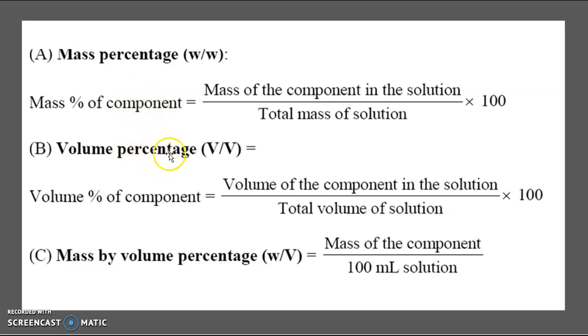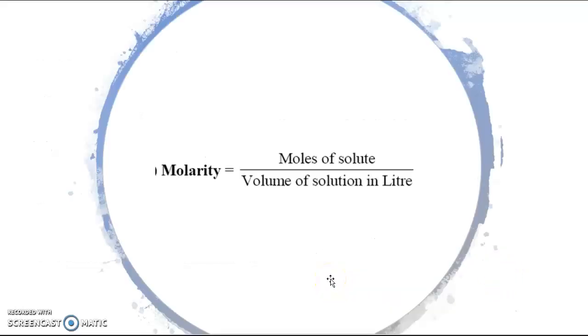The percent by volume gives you the volume of the solute divided by the volume of the solution times 100. And the mass per volume is when you divide the mass of the solute by the volume of the solution, in 100 milliliters of solution, times 100 to express this in percentage.